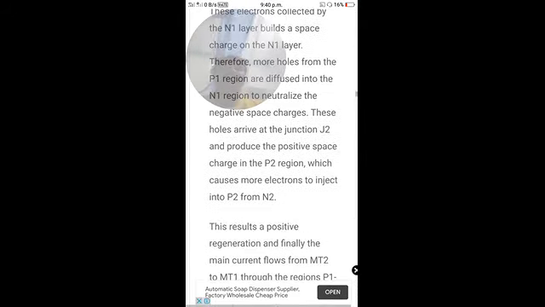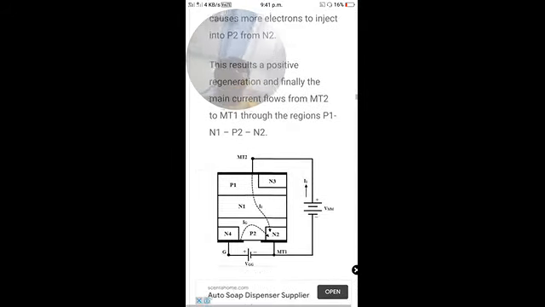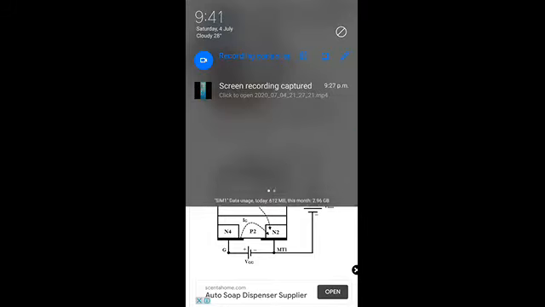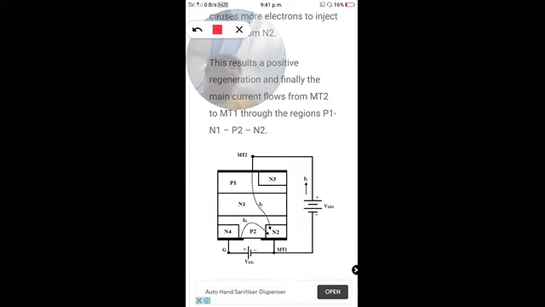See, here gate is positive with respect to MT1. So here MT1 is connected to the negative terminal.